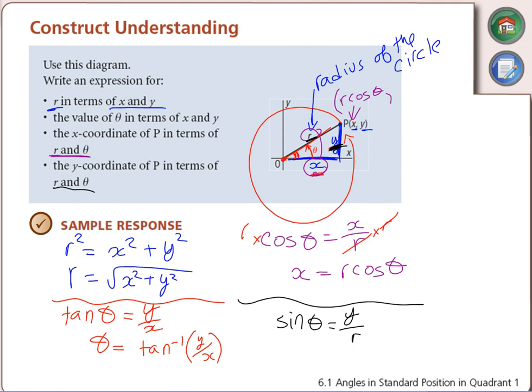Again, do the same thing. Let's multiply both sides by r. That one cancels off. And we're left with y is equal to r times the sine of theta. That is going to become real handy later on as we move through trigonometry.